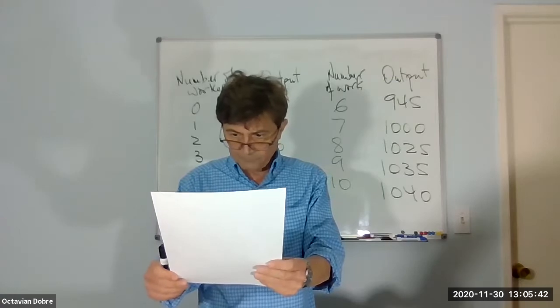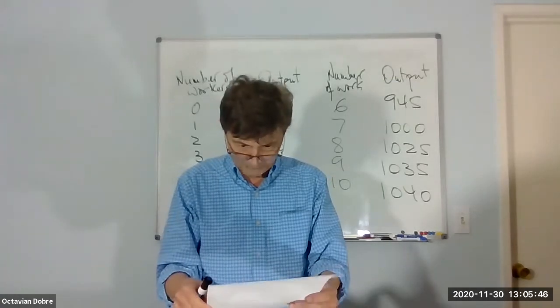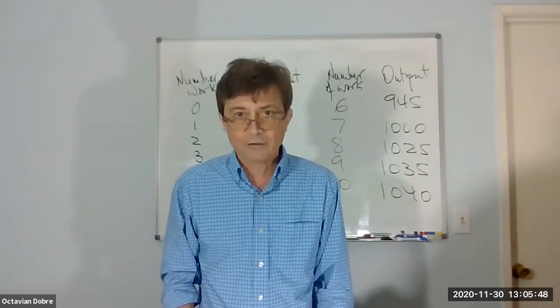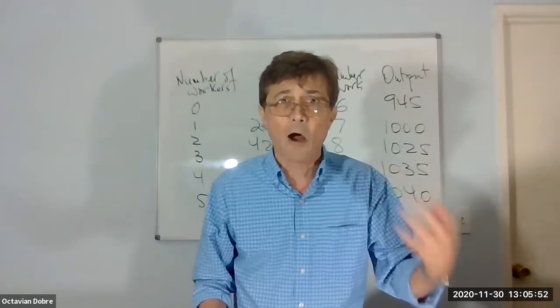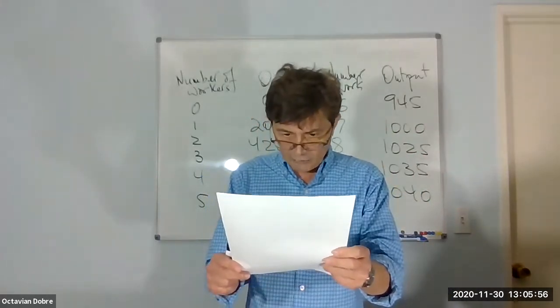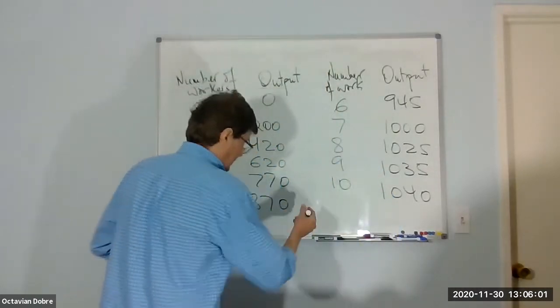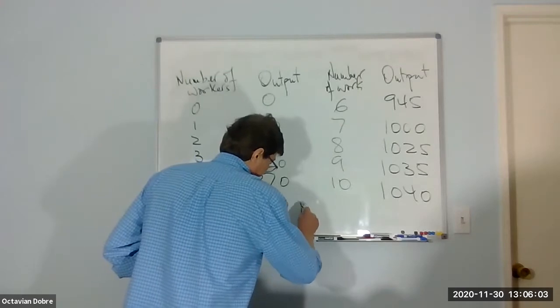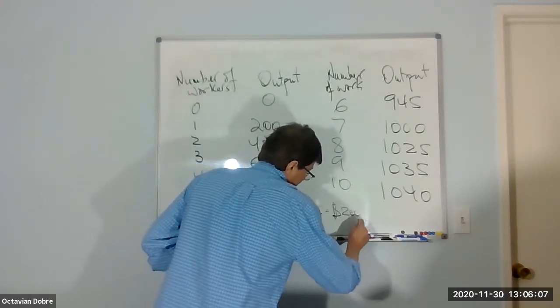Now, they give us the following information. The marginal factor cost of labor, marginal factor cost, remember, was how much we're paying the workers. The marginal factor cost of labor is 200. So MFC equals 200.